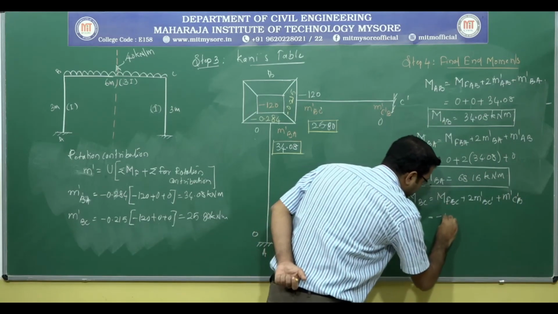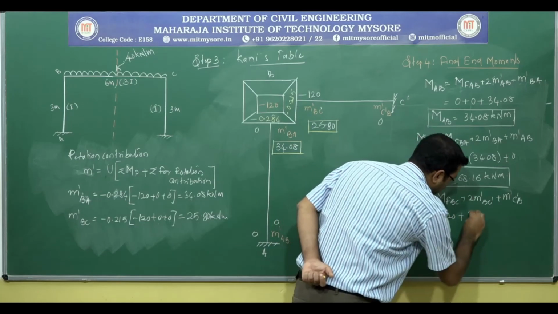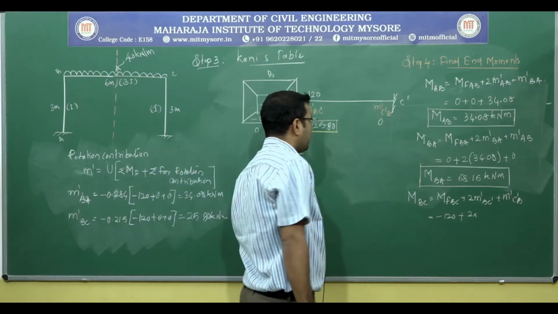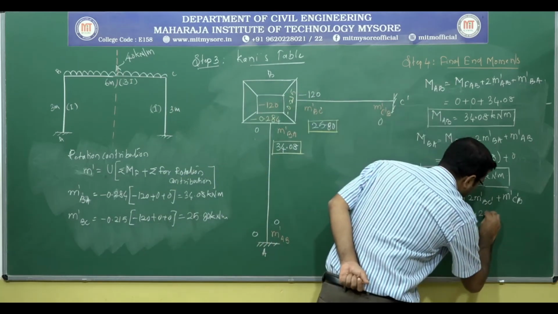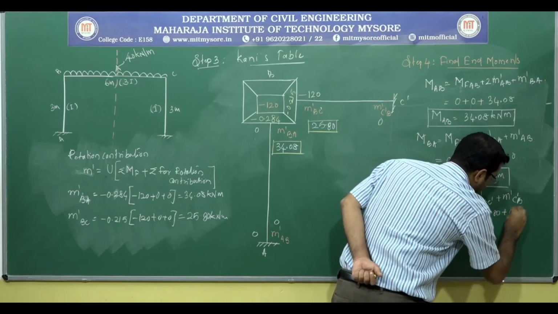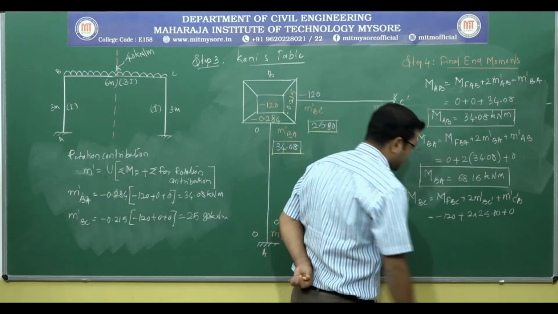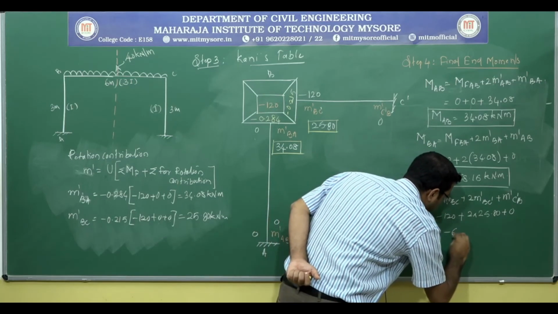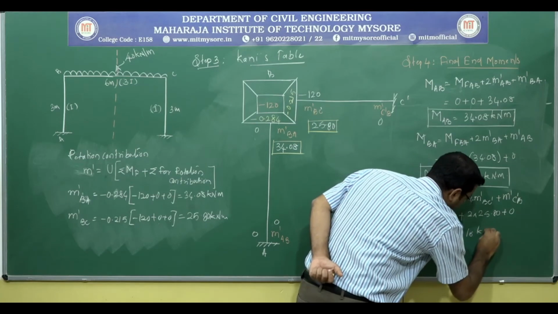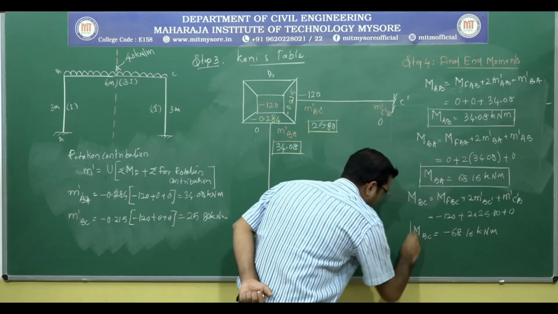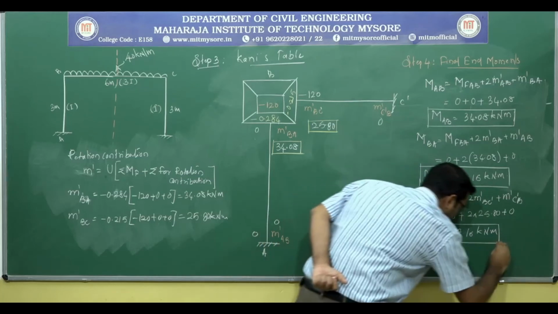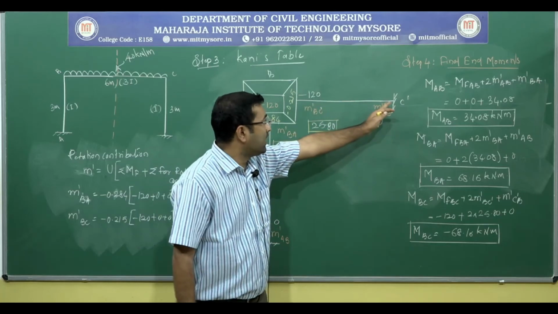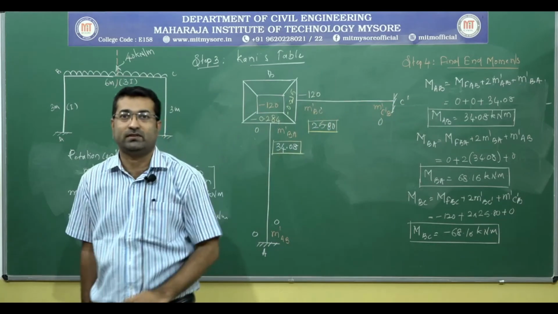Here MFBC is minus 120, plus 2 into M dash BC, that is 25.80, plus M dash CB, this value is 0. So, this gives us MBC equal to minus 68.16 kilonewton meter. That is all. Do not calculate the other values.